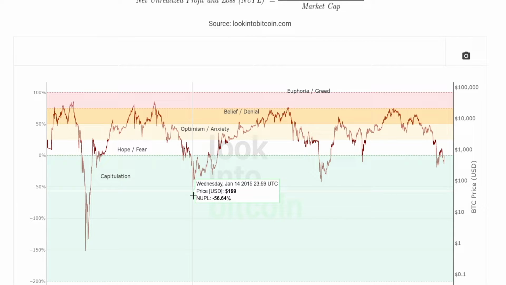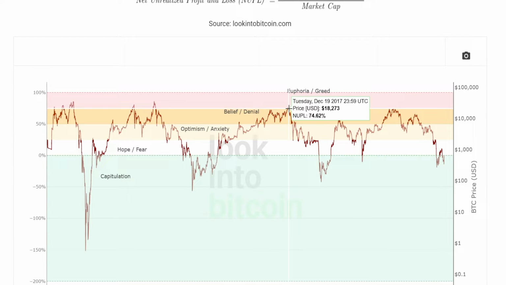So if you take a look at these bear markets, let's say you have a number that's like minus 56%. What that means is, of the total Bitcoin market, the net loss is 56%. Okay? So that's taking all the Bitcoin together and saying, of the total market, there is a 56% loss.